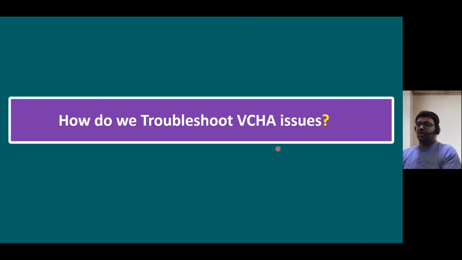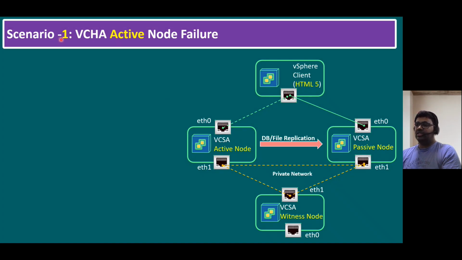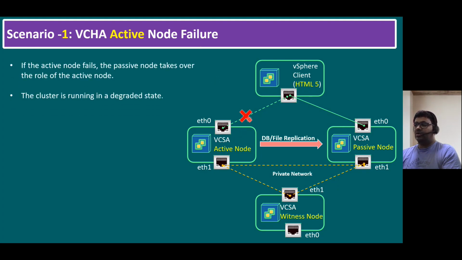VCHA troubleshooting has mainly three scenarios. Let's understand scenario one, VCHA active node failure. Suppose our active node fails. Then the passive node takes over the role of the active node, and the cluster is running in a degraded state.